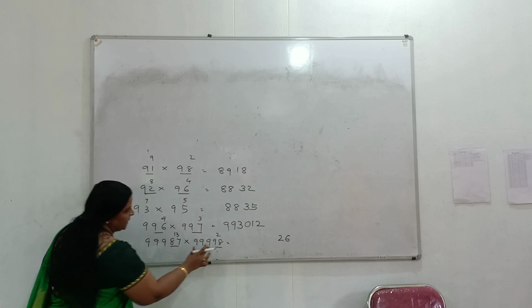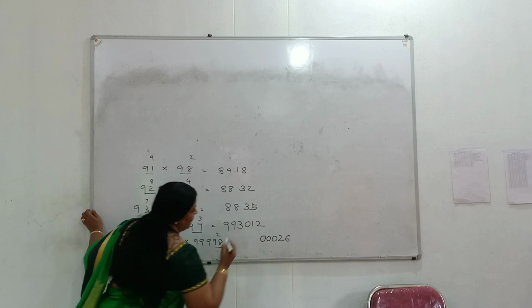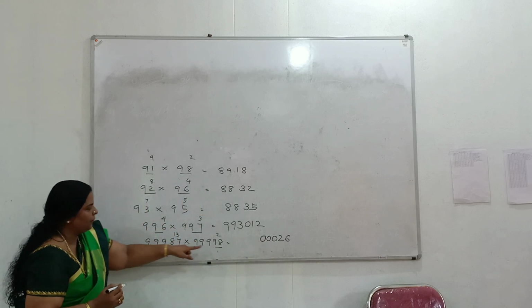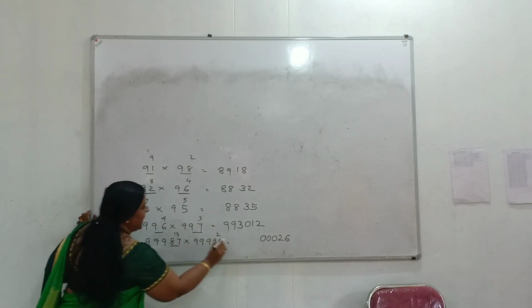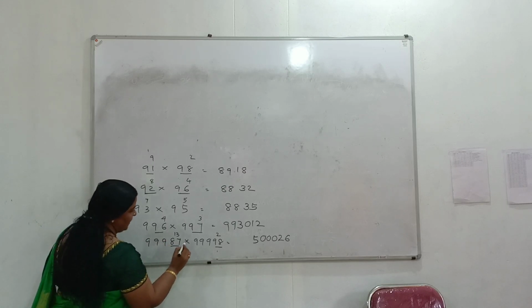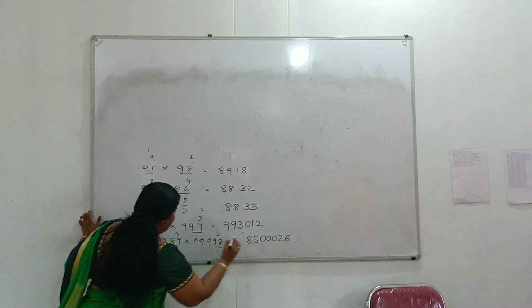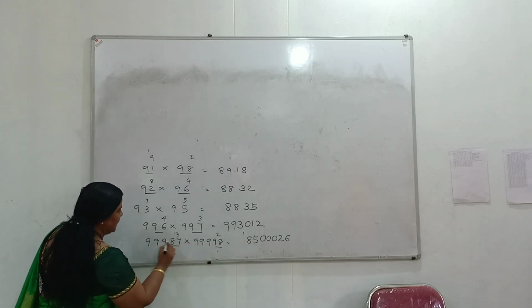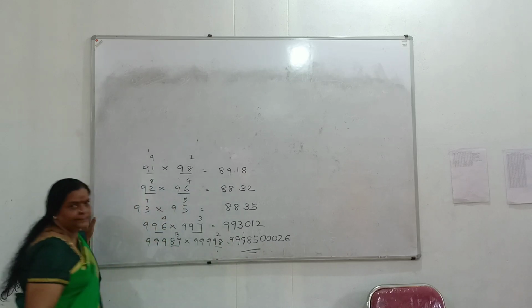So add 3 zeros to this number and take the sum of these two numbers. That is 7 plus 8, 5, 9 plus 8, 17, 17 plus 1, 18, 1, then 9, 9, 9, 9. That is the answer.